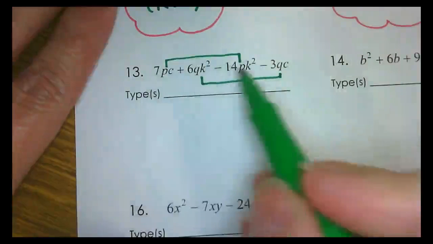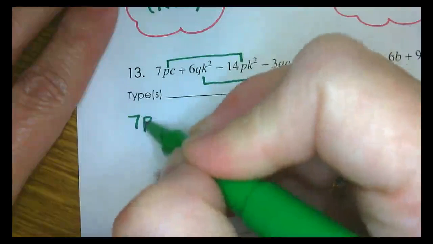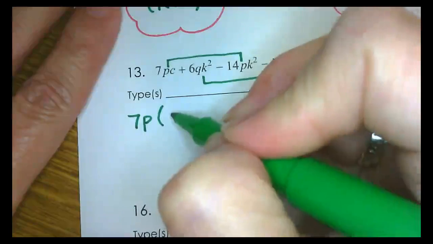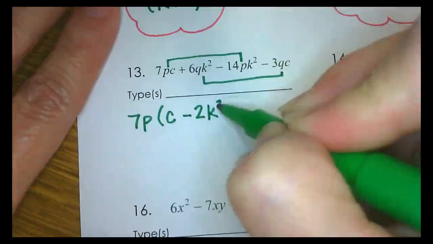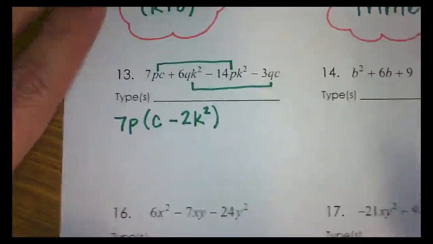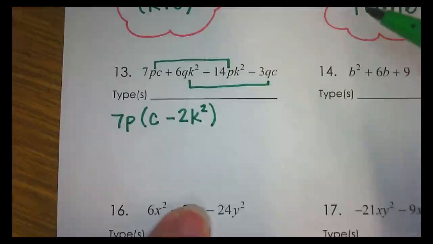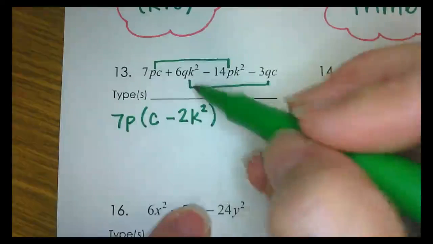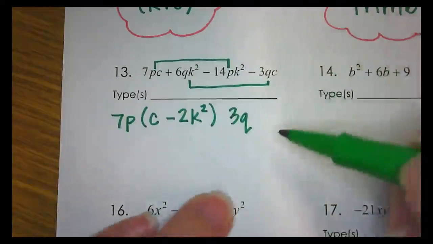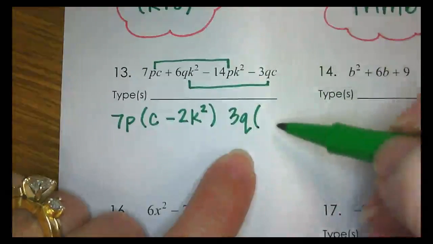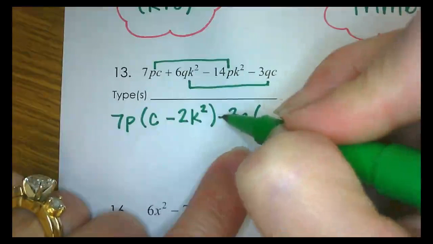All right, out of those two, we can take out a 7p, and that would leave c minus 2k squared. Out of those two, I am going to take out, they both have a 3 and a q. But when I go to look at what's left, this is going to be 2k squared, so I need to take out a negative.